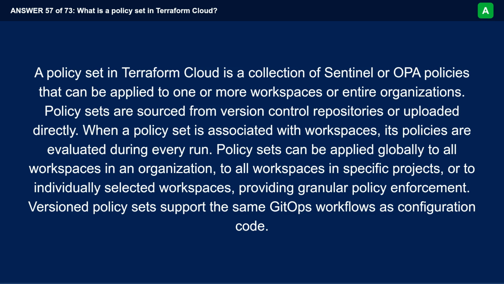When a policy set is associated with workspaces, its policies are evaluated during every run. Policy sets can be applied globally to all workspaces in an organization, to all workspaces in specific projects, or to individually selected workspaces, providing granular policy enforcement. Versioned policy sets support the same GitOps workflows as configuration code.